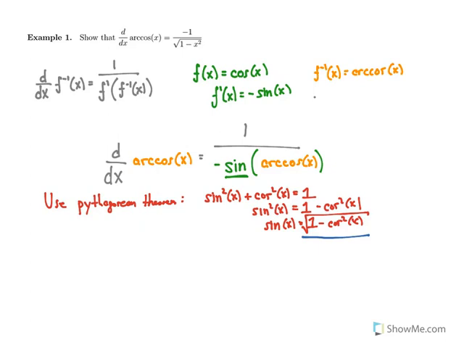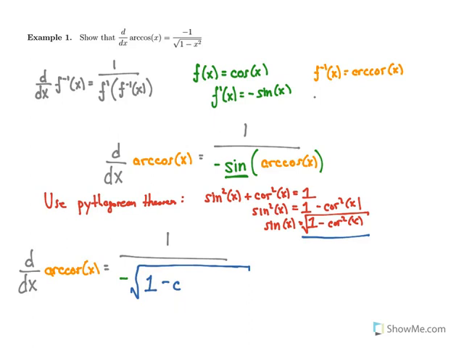So I can write that the derivative of arc cosine is going to be equal to 1 over negative sine, but sine is going to be written as square root of 1 minus cosine squared of arc cosine.